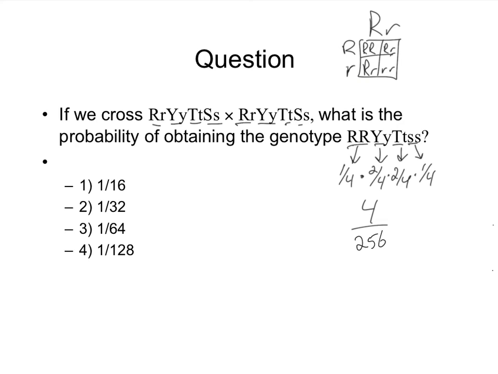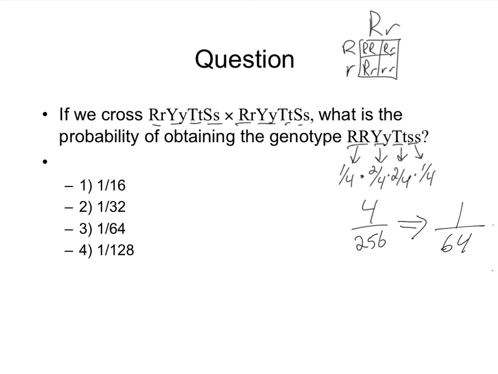So now if we reduce that, divide each of those by 4, 256 divided by 4 is 64. So reducing this, we get 1 out of 64.